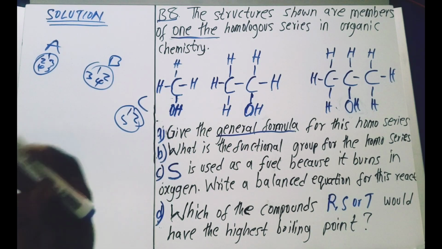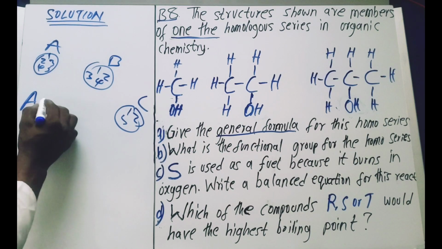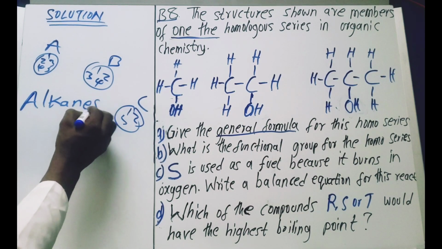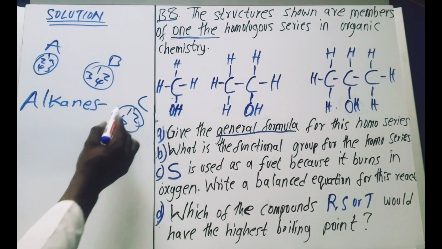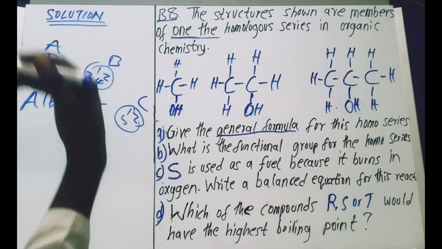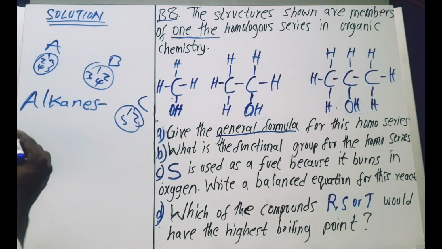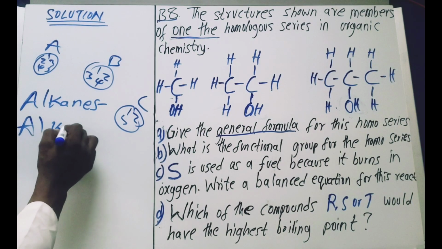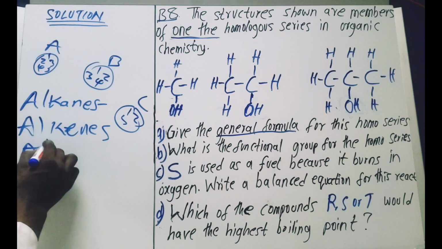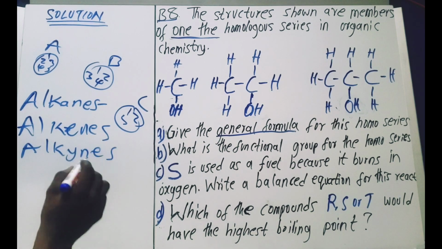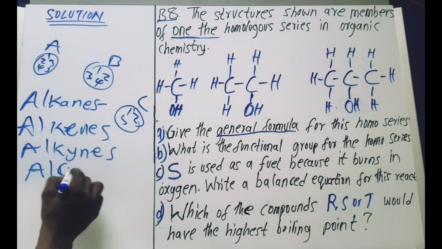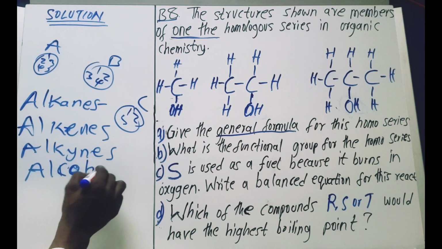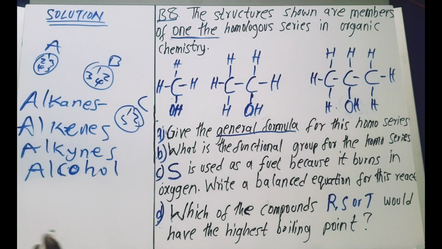We now have actual groups, like the alkanes. When you hear the term alkane, it is one of these series, and in alkanes there are 10 members. We also have groups like alkenes, alkynes, and alcohols or alkanols, and many more.